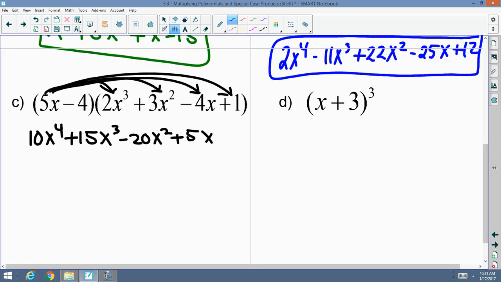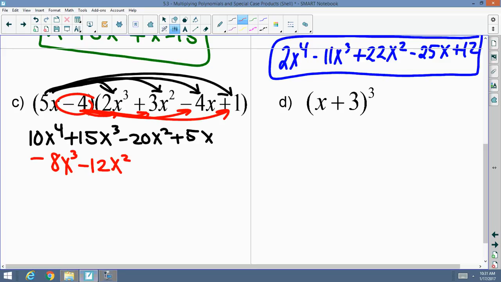And then I have the negative 4, which must get distributed to every single term. So I've got minus 8x cubed, minus 12x squared, plus 16x minus 4. Now add like terms.